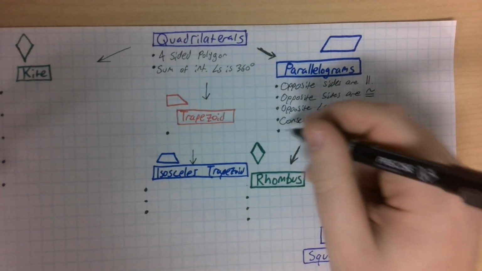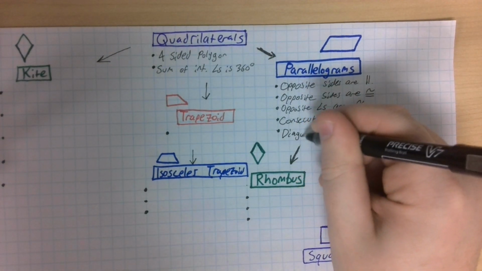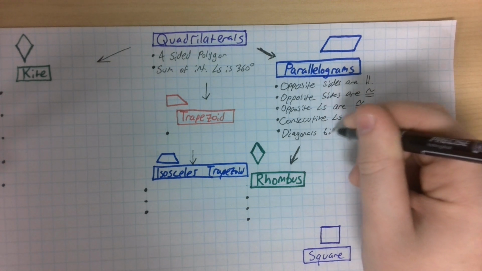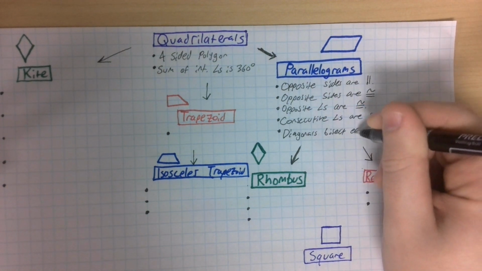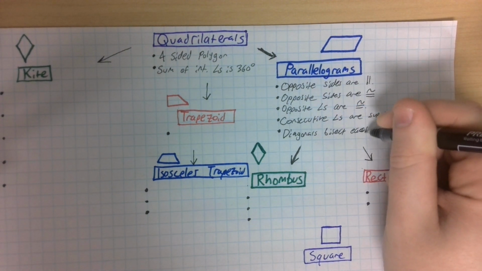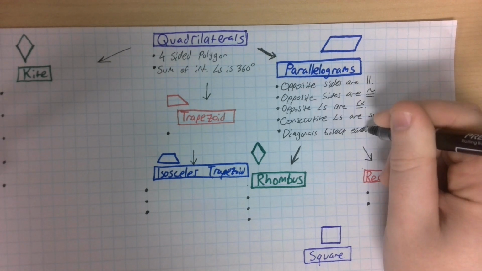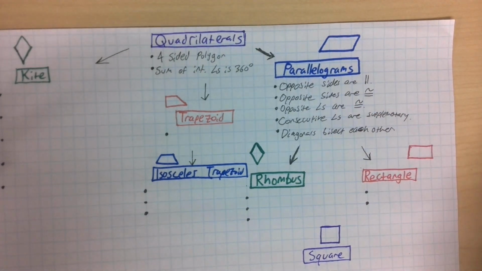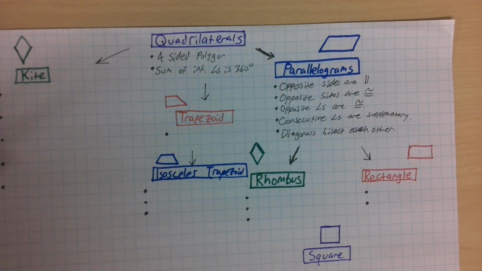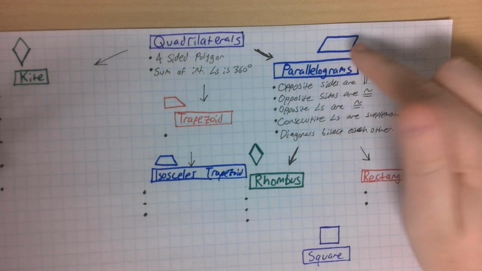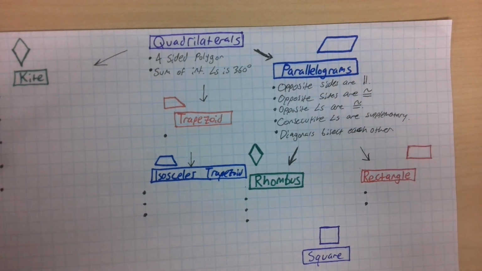And we also know that in a parallelogram, the diagonals bisect each other. There we go. So when we talk about parallelograms, we're not just talking about the parallelogram that looks like this. Parallelograms can take many forms.